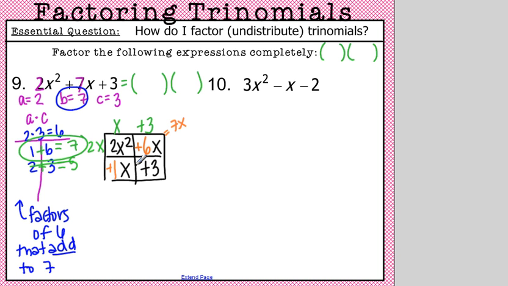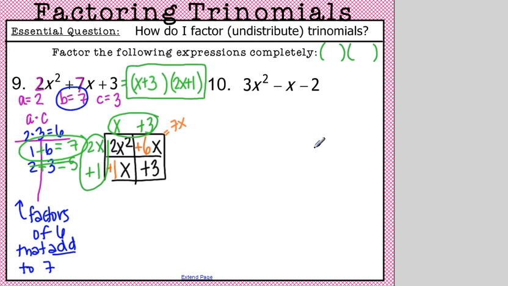And finally, GCF between 1x and 3, well, the biggest thing I can divide into both of those is just a 1. Okay, so now that I have that, you can go through and check and make sure that your sides multiply to your insides. But then this will be a factor, and this is a factor. So my final answer would be x plus 3 and 2x plus 1.